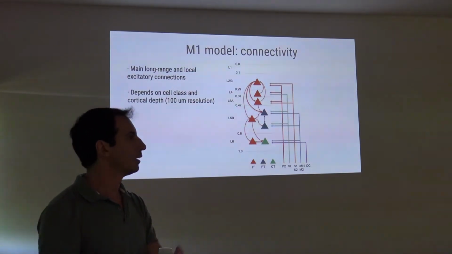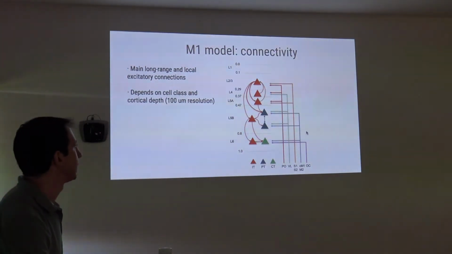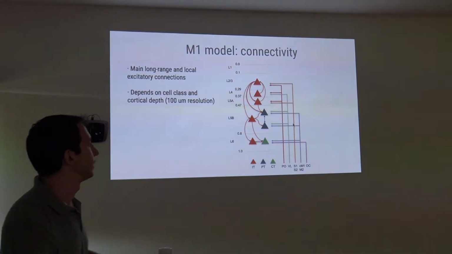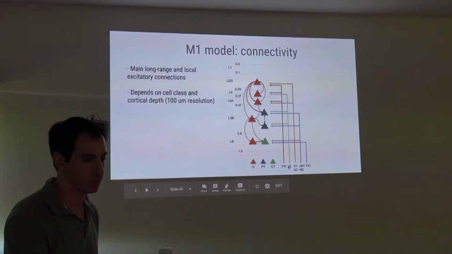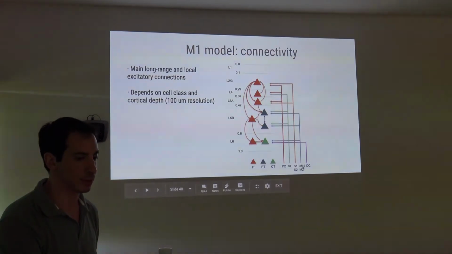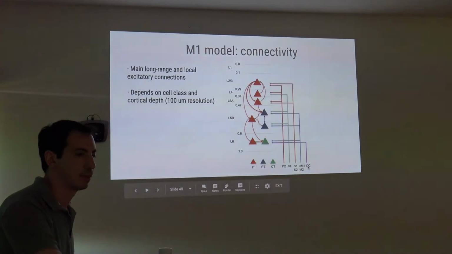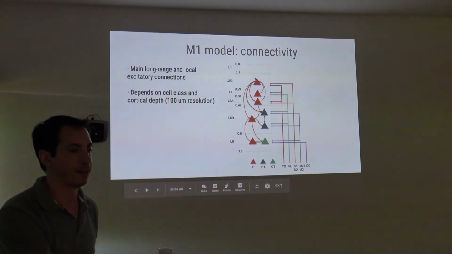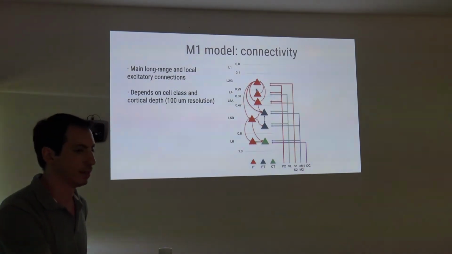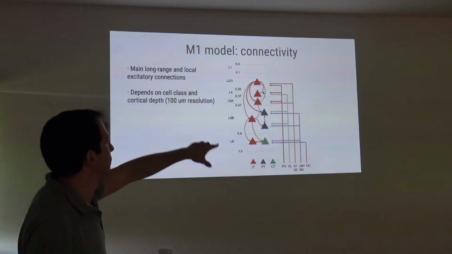So this is a summary of the connectivity of the model, where you can see these lines on the left are the inputs from other regions. So these are two parts of thalamus, S1 and S2, other parts of motor cortex, and something called orbital cortex. And then the different populations in the different layers. And you see basically the pattern I was talking about before.